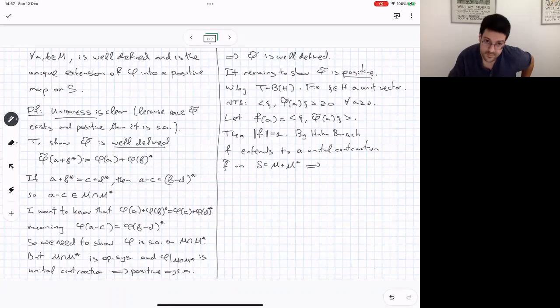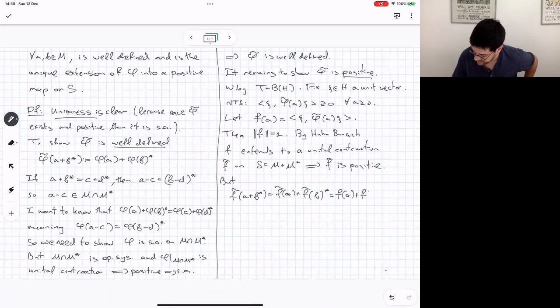And therefore, from what we said before, F twiddle is positive. But F twiddle of A plus B star is F twiddle of A plus F twiddle of B star, which is F of A plus F of B star, which is psi, phi twiddle of A plus B star, psi.